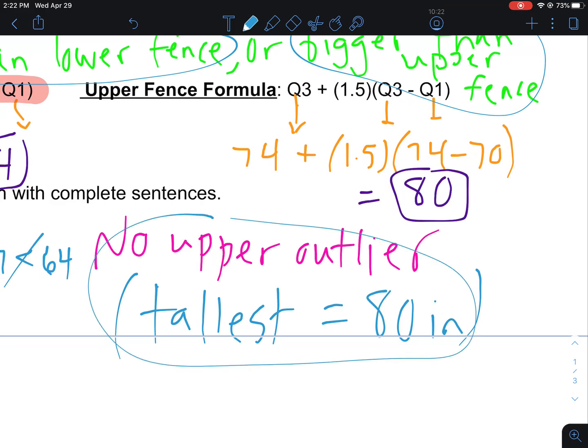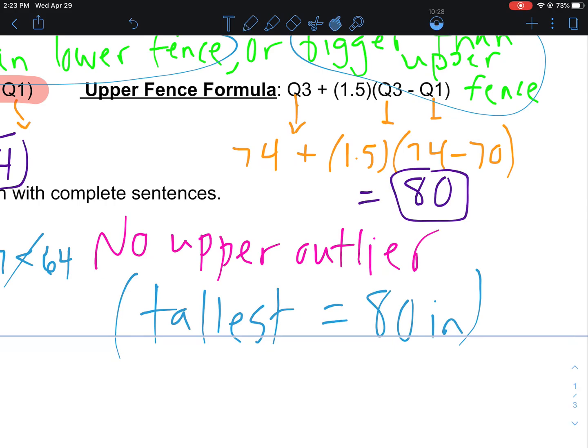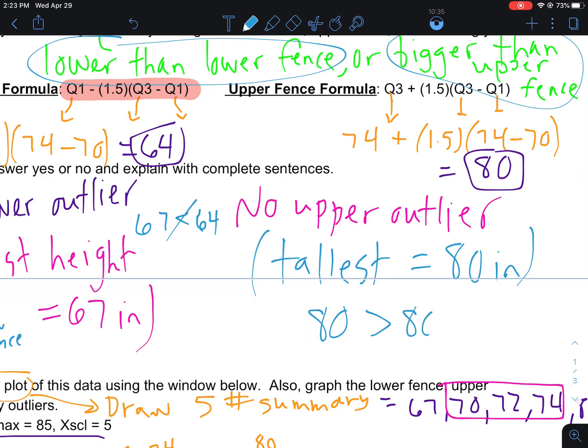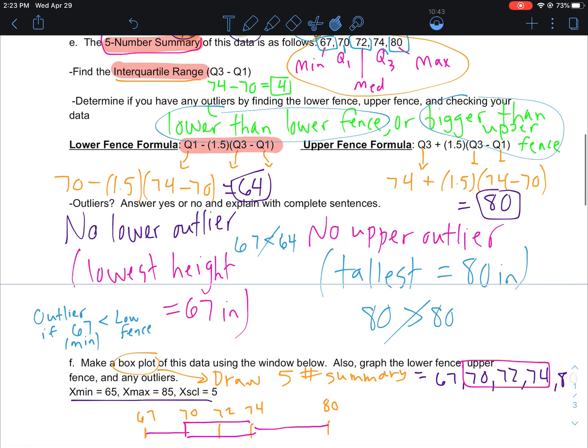We're saying there's no upper outlier here. Usually what would happen is you'd have a number that's definitely greater than the fence. In this case, you landed on the upper fence. And the reason there's no upper outlier is that 80 is technically not greater than 80. It's close. That person who's 6'8" is definitely near outlier status, but they aren't one.